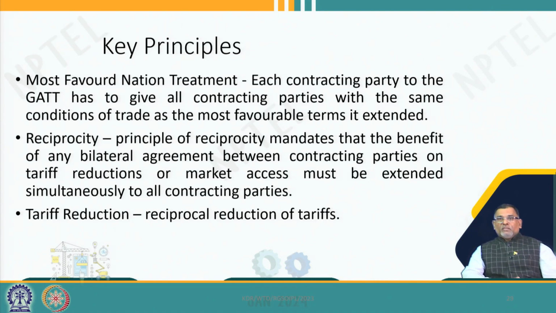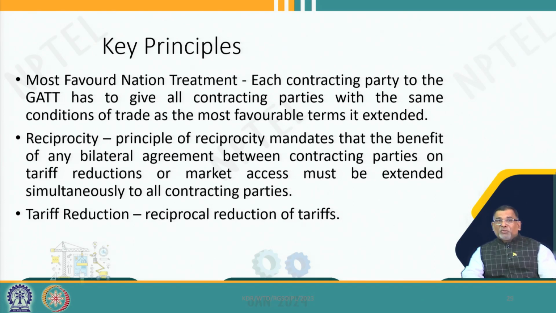And if we come to how this happened with GATT, it happened through two important cardinal principles of GATT. One is the most favored nation treatment, and as the name itself says, the most favorable terms are extended to everybody.